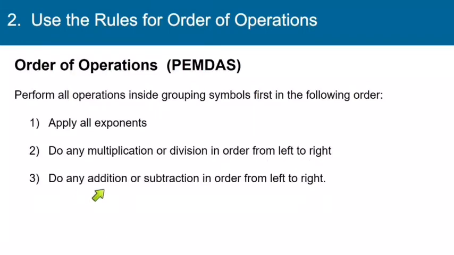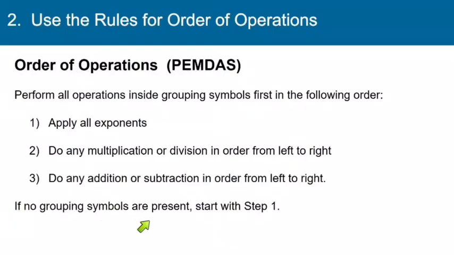Then we do all adding and subtracting in order from left to right. Now, if there are no grouping symbols present, then you'll just go through these steps from here. If there are grouping symbols present, do these steps inside the parentheses and then do these steps again until you get it all worked down to one number.